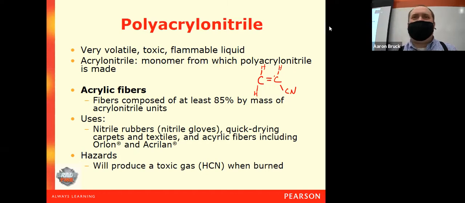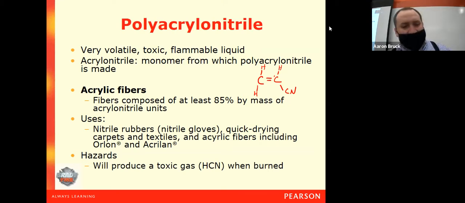And if you look at the composition on those, you'll usually see made from 50% acrylic fibers, made from 75% acrylic fibers. So these are usually pretty versatile materials.